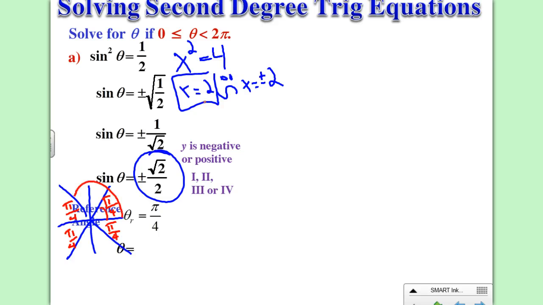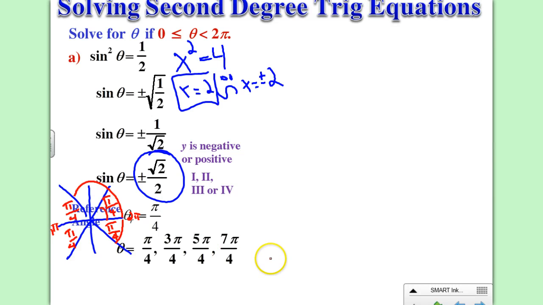This is 1/4 less than 1 pi. So that's going to be 3/4 pi. And then the next one would be 1/4 more than pi, which would be 5/4. And the last one is 1/4 less than 2 pi. And 2 pi is 8/4. 8 minus 1 is 7/4.